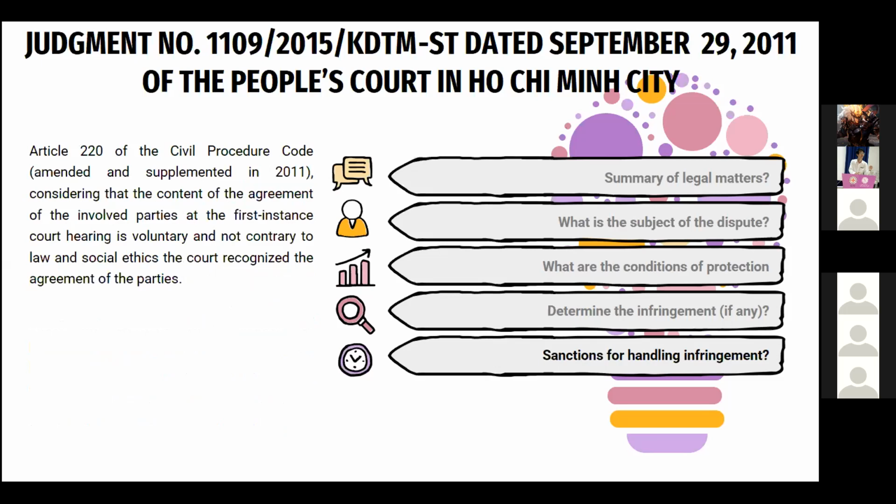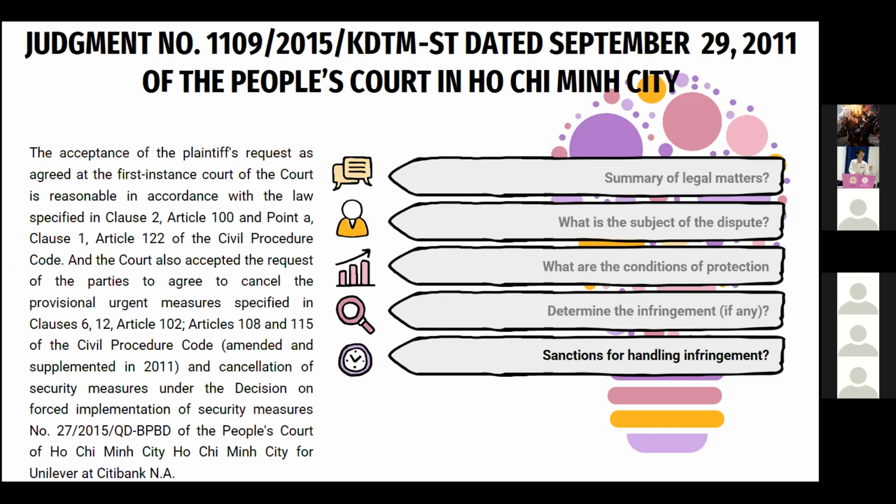Pursuant to Article 220 of the Civil Procedure Code, the court considers that the agreement of the involved parties at the first instance court hearing is voluntary and not contrary to law and social ethics, so the court recognizes the agreement of the parties.